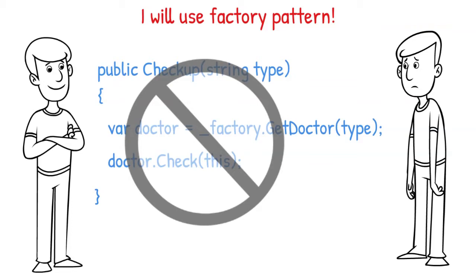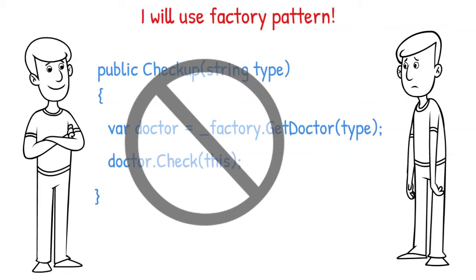Reasons? Okay. First one, patient is not at all responsible to instantiate the doctor. It is not the patient who decides which doctor should perform a checkup, but it is the consumer, in our case hospital, who decides who should visit and do checkup for a patient.